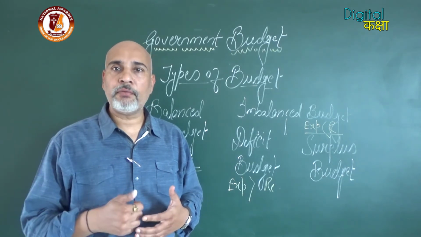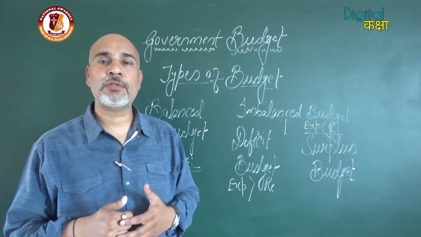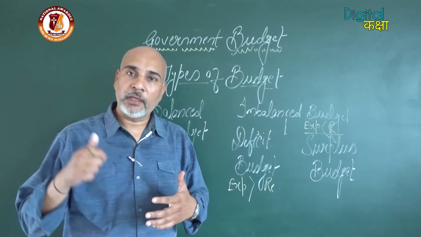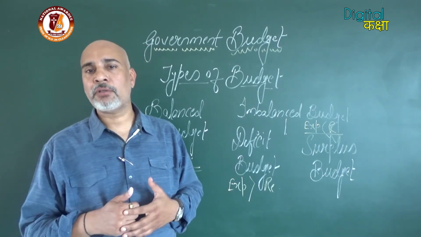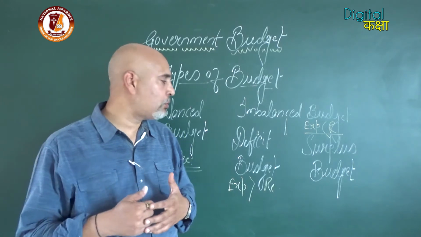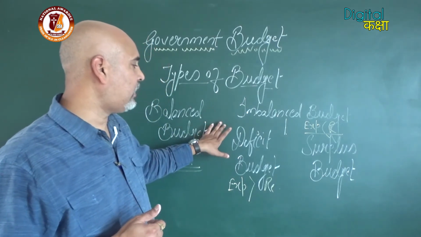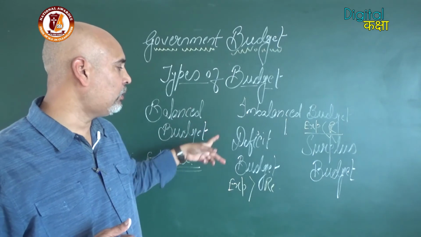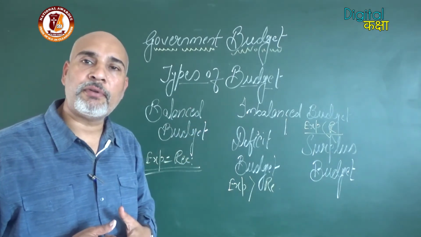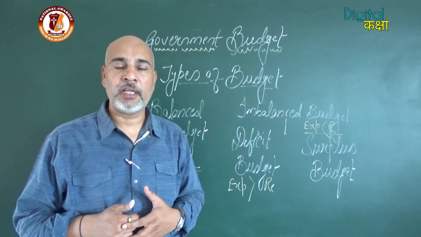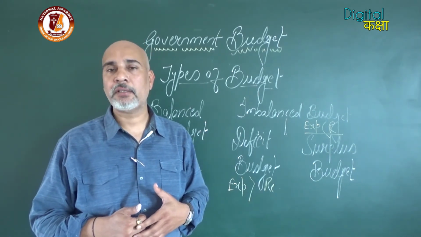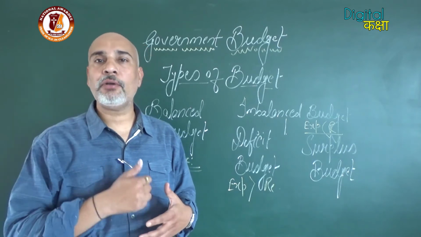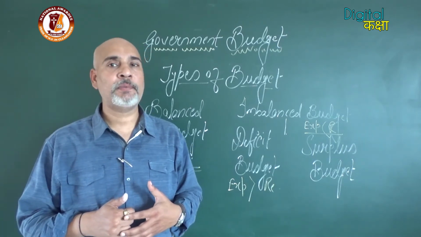So for the benefit of the poor section of society, for the development of the economy, for industrialization, or for other economic issues, in most cases the government follows deficit budgeting, where it borrows lots of money from the RBI etc. and spends on welfare aspects.